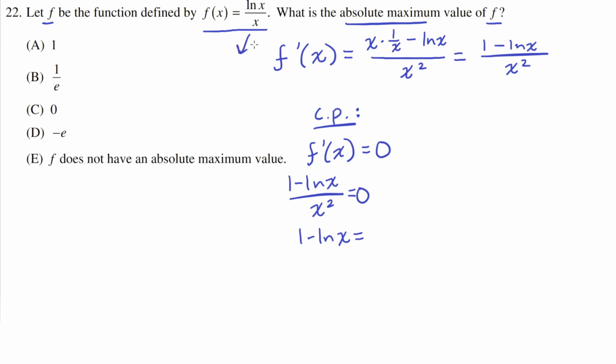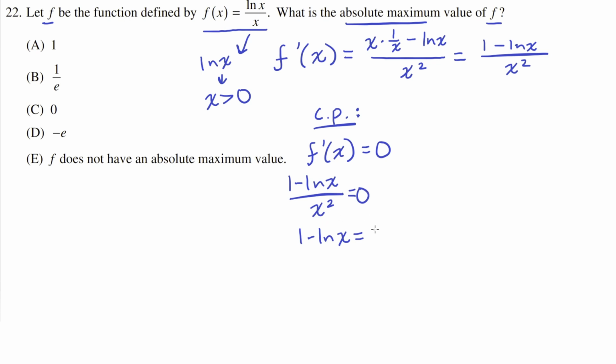But in this case, since our function has ln x, the domain has to be greater than 0, because you can't have a negative number in the argument of a natural logarithm. So the domain of this function is already greater than 0, and by multiplying both sides by x squared, we won't actually be losing any solutions.